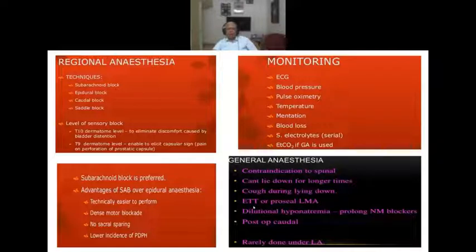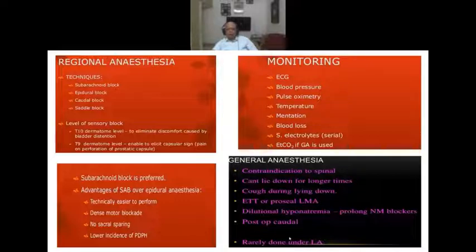You can use endotracheal intubation or a ProSeal LMA because lithotomy will increase the pressure and chances of regurgitation and aspiration are more. And dilutional hyponatremia may prolong the neuromuscular block, and you can give a post-op caudal for pain relief.